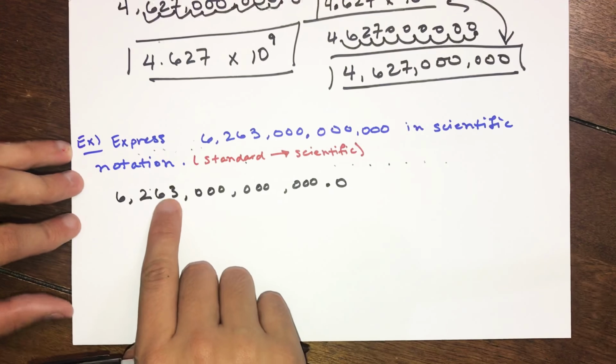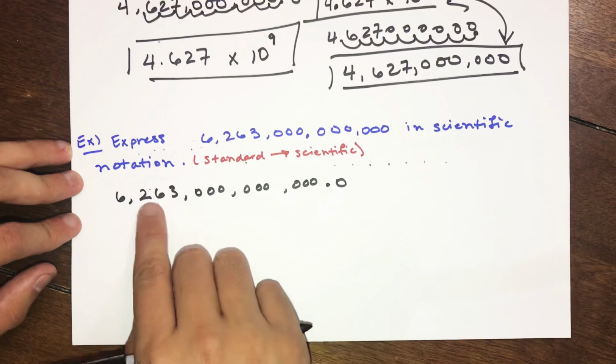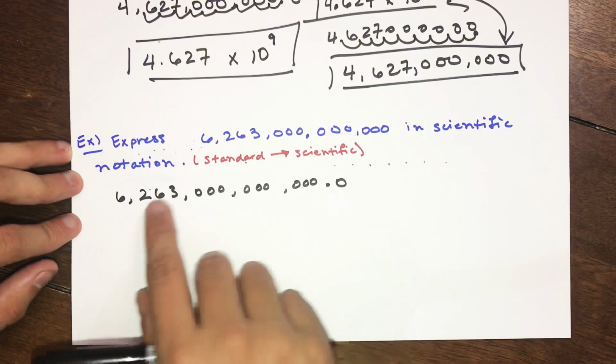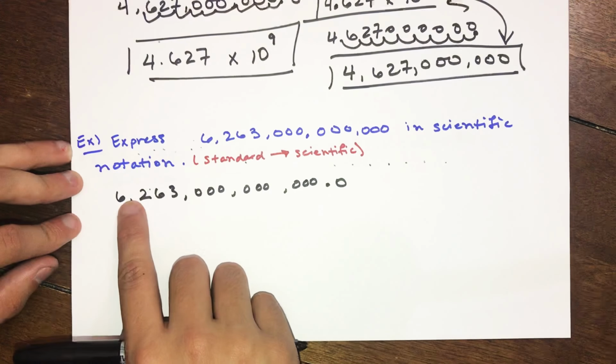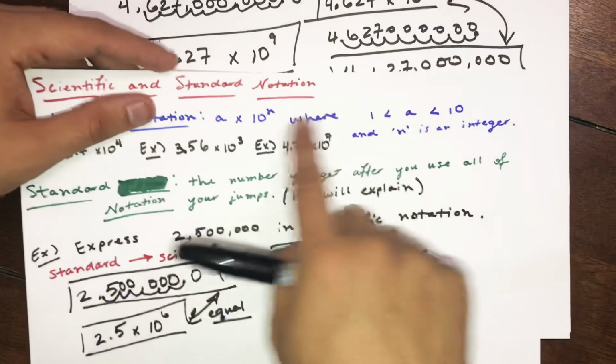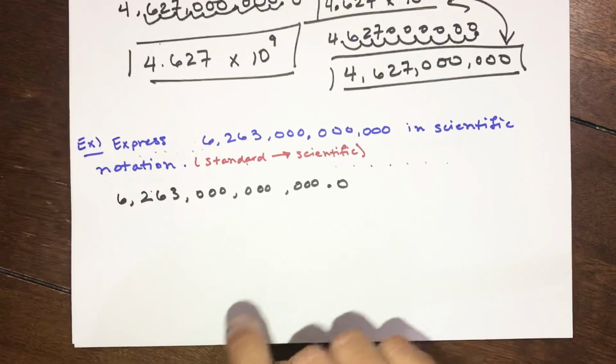If we move it here, we'll get 626.3 times 10 to some power. If we move it here, we'll get 62.63 times 10 to some power. Okay, so we're going to need to move it right here so that we get 6.2. That way this number for scientific notation is in between 1 and 10. Okay, so let's do that.